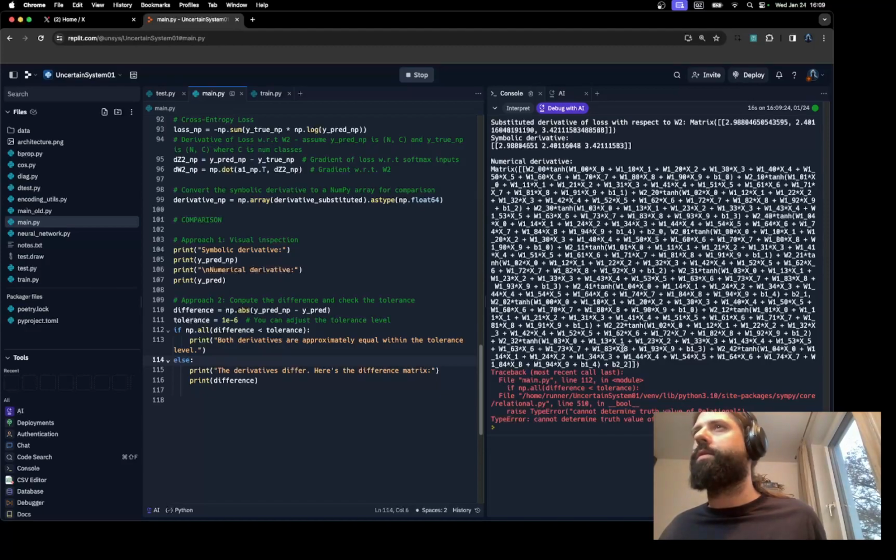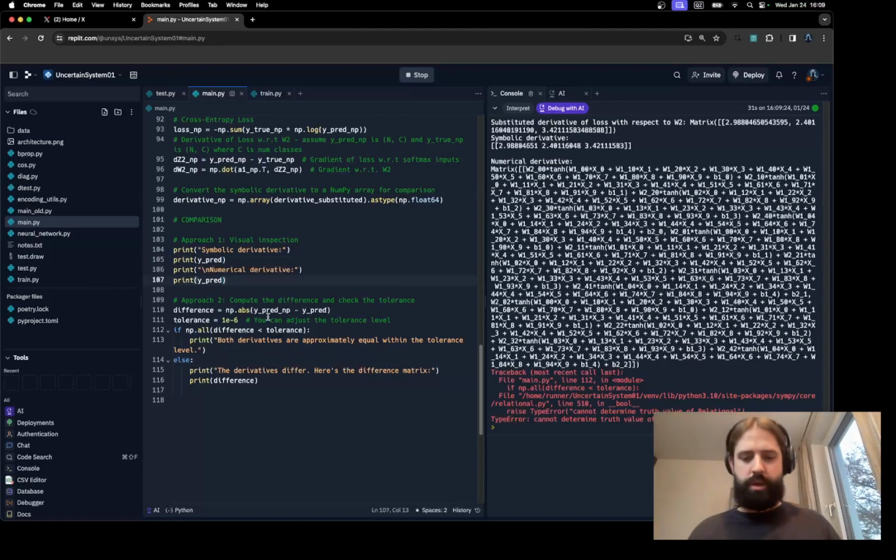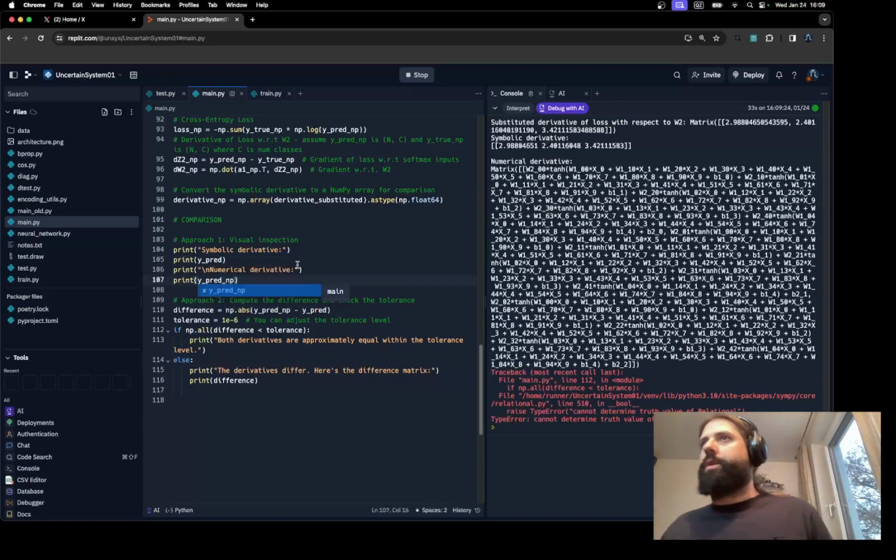Numerical derivative. The symbolic derivative. Boom. Well, let's put it this way, that will make more sense. At least it matches the labels.